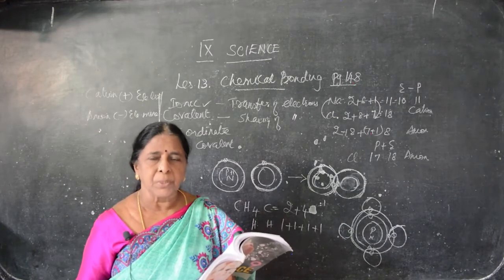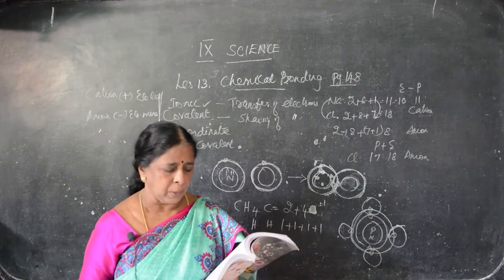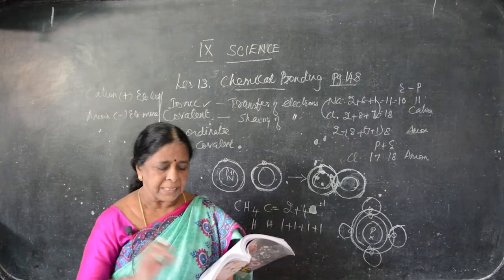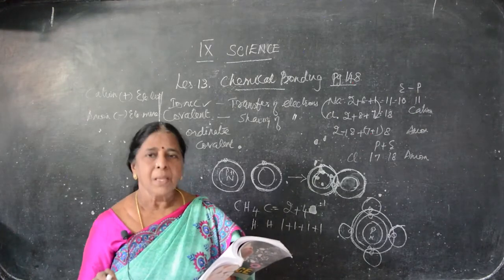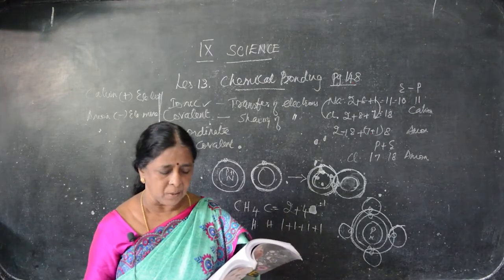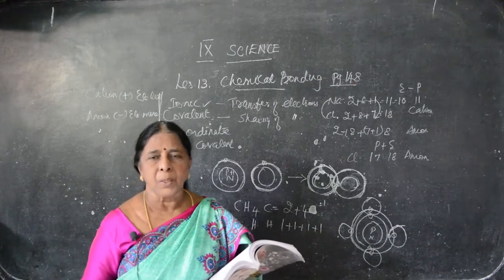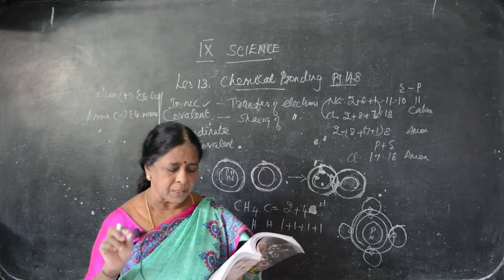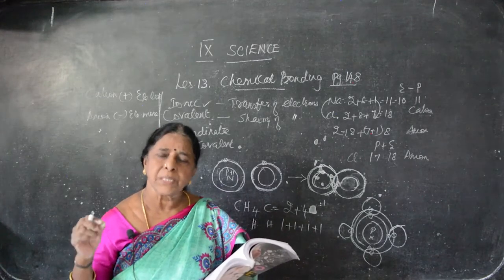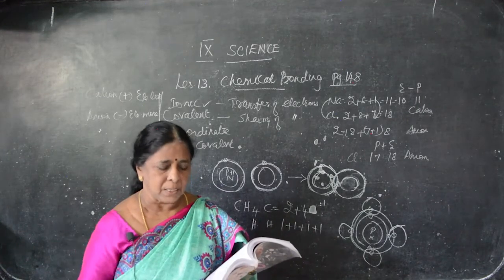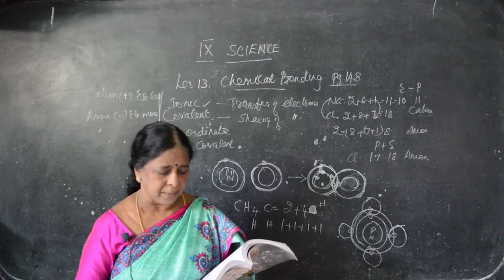Because he found that, it is known as Fajans's rule. According to him, when the size of the cation is small and the anion is large, the bond has covalent character.